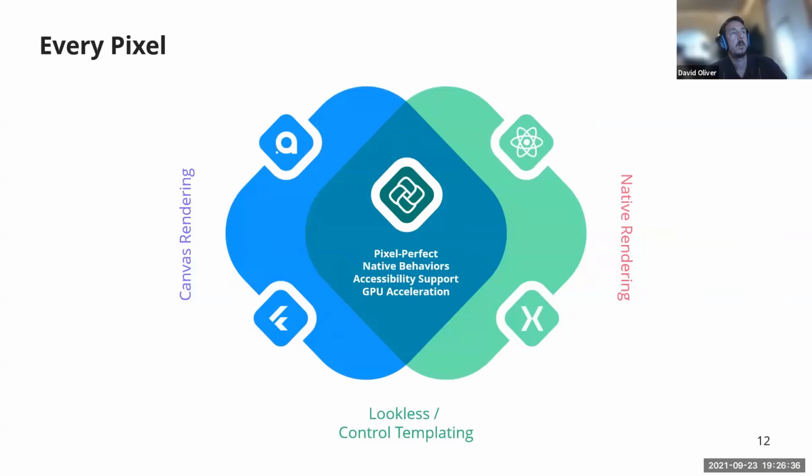And as far as where Uno platform sits with respect to other UI frameworks, it's at an interesting place where it's a native application, as I said, and that gives you stuff like accessibility, the way that the native platform does it. It gives you the behaviors that users would be accustomed to.